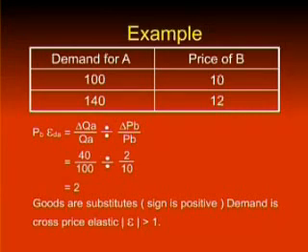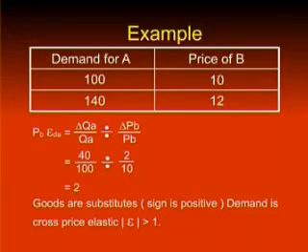Yes, this would be the case in which A and B are substitute goods, so that when the price of one increases, the demand for a substitute good A increases. So people who were initially consuming B shift their consumption and start consuming more of good A. So that's the first thing that this calculation is telling you.